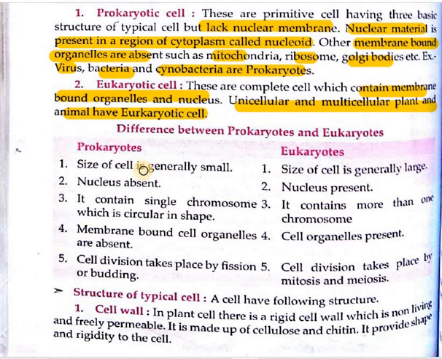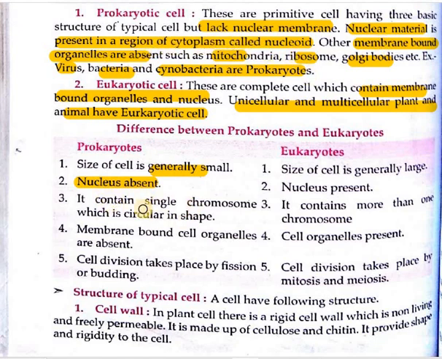In prokaryotes, the size of the cell is generally small, obviously, as no organelles are present. Nucleus is absent, but nuclear material is present in the region of cytoplasm called nucleoid.